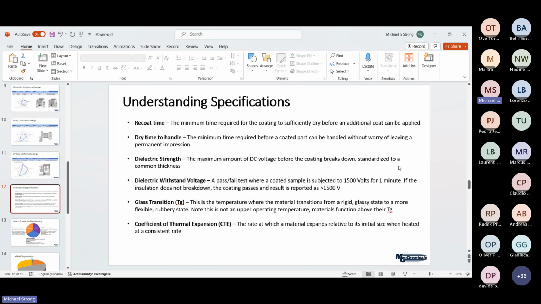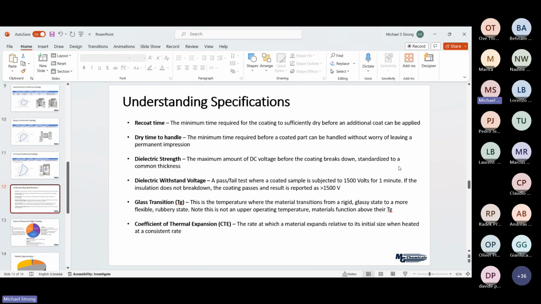It doesn't typically come up too often though. Usually with conformal coatings, you're in the range of about 1,000 to 1,500 volts per mil. It can be a bit of a sticking point with some customers, so you may have to step in and try and teach them the nuances of this test and how it's not necessarily taken as gospel, but it doesn't come up all that often.